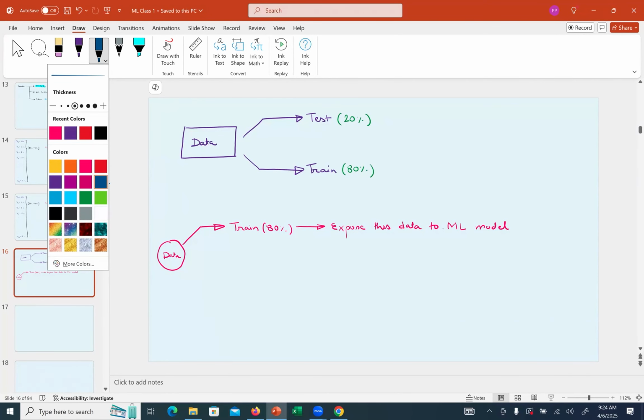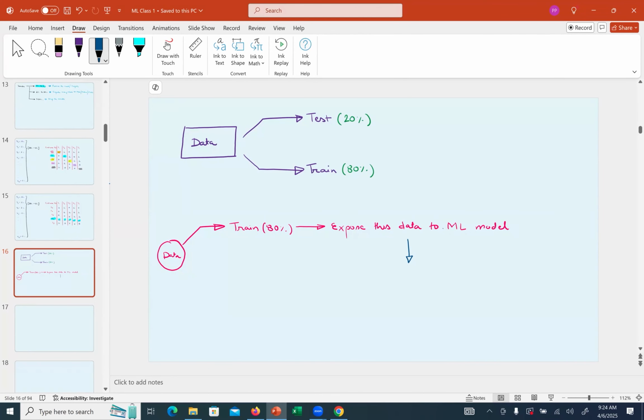Once the model has learned the pattern and I feel that the model is ready, I will test my model on unseen data.